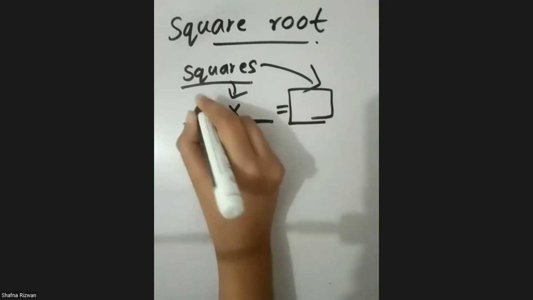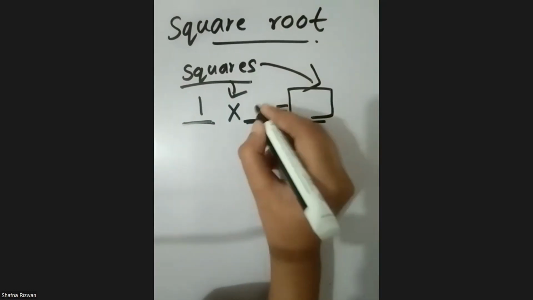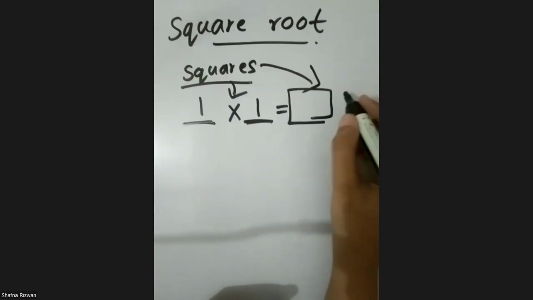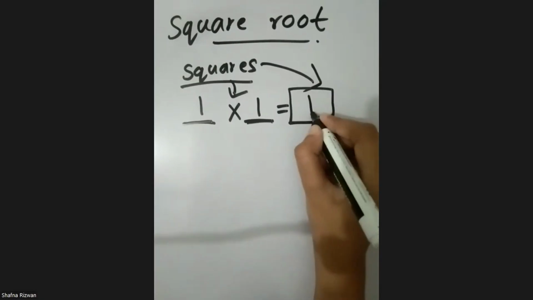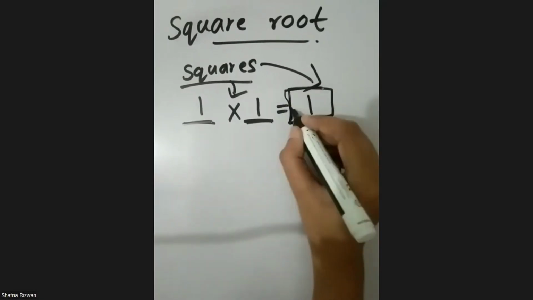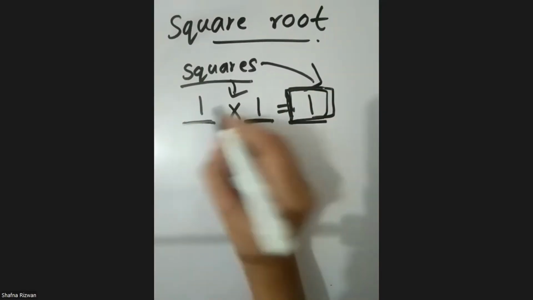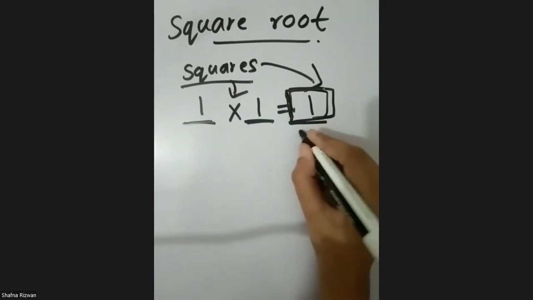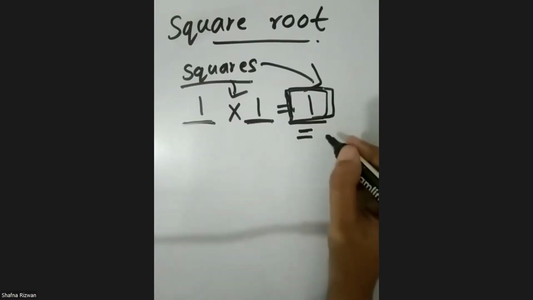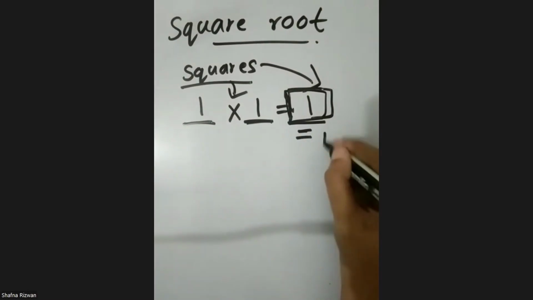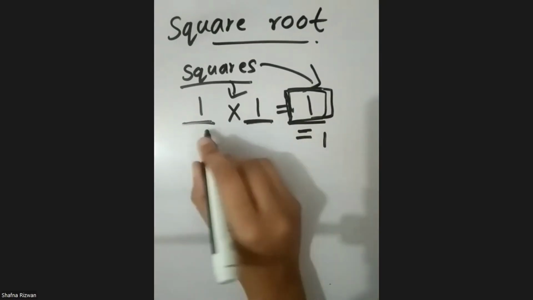If I take 1, I multiply it by 1 itself, so the answer that I get is 1. So 1 is the square of the number 1. And if you want to show this in a shorter way, you write the number 1 and see how many times you have it.